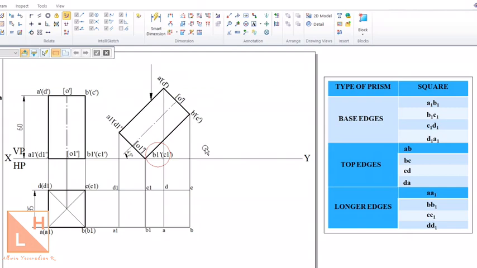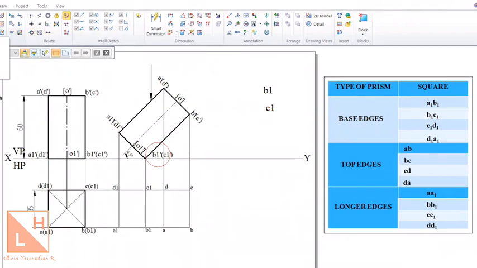The same process repeats for whatever prism or pyramid that you are going to solve in the upcoming problems. In the second position, you just need to look at the front view from top to bottom direction, and the farthest point will be identified, the one that is touching the XY line. So in this case it is B1 dash, C1 dash. Now using this B1 dash, C1 dash, you just identify which are the edges that are connected to B1, C1.